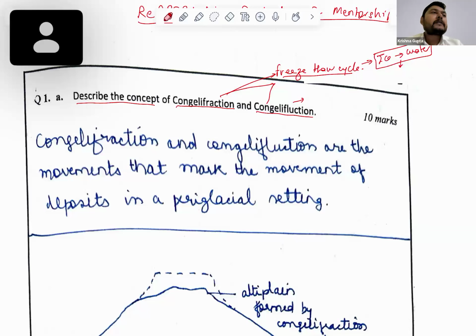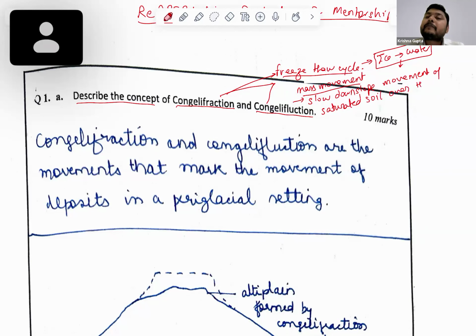Now, when we look at congelifluction, this basically denotes mass movement. Under the mass movement, we have the slow downslope movement of saturated soil over the permafrost region.